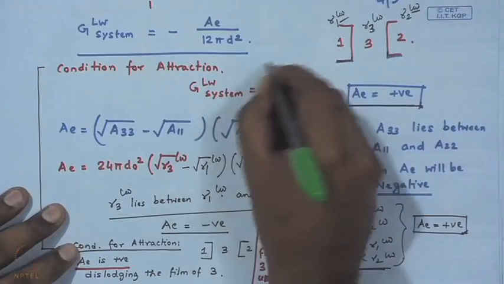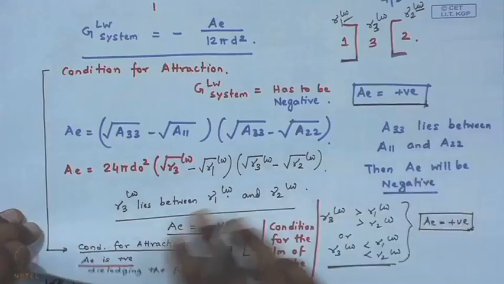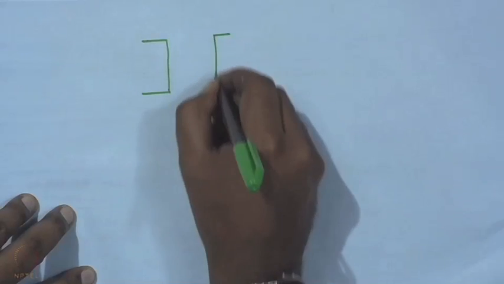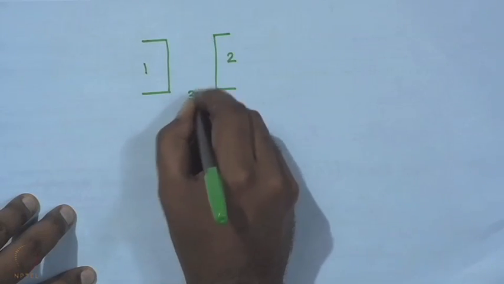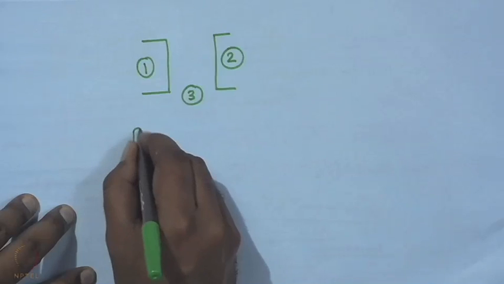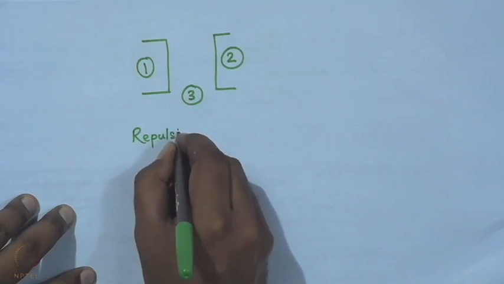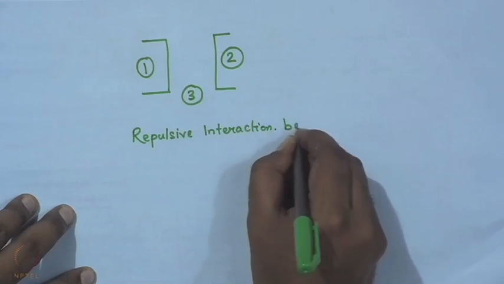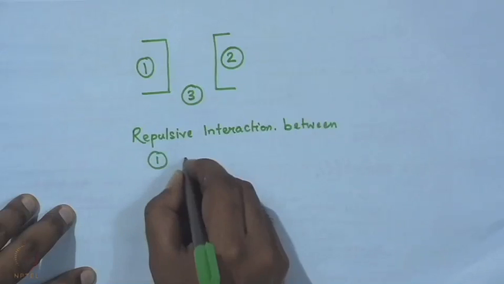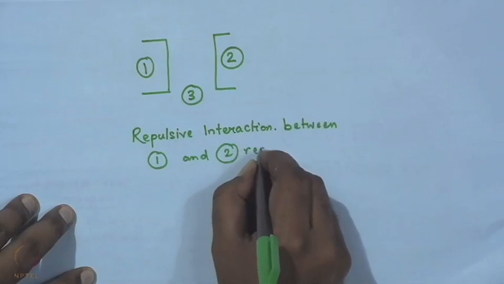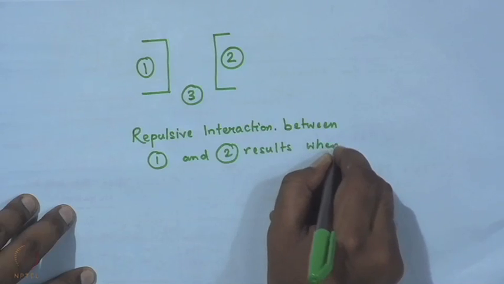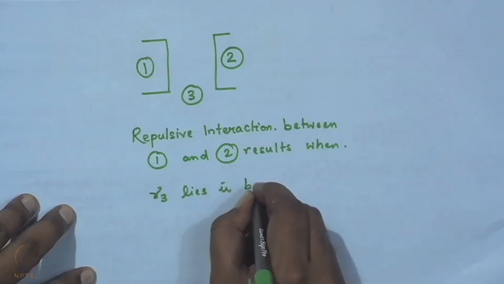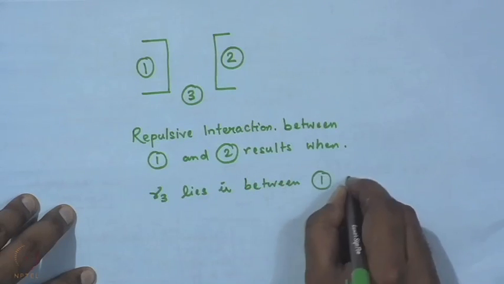So let us write it down somewhere. A repulsive interaction between 1 and 2 results when we have seen that gamma 3 lies in between gamma 1 and gamma 2.